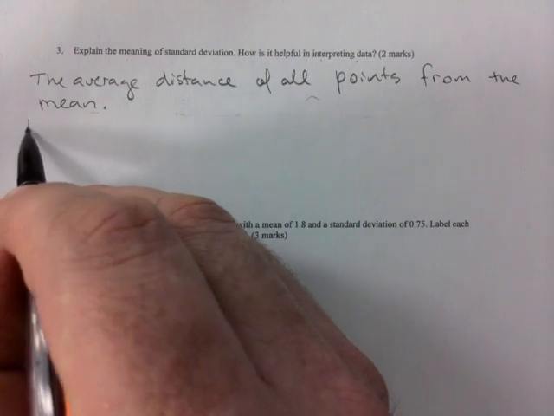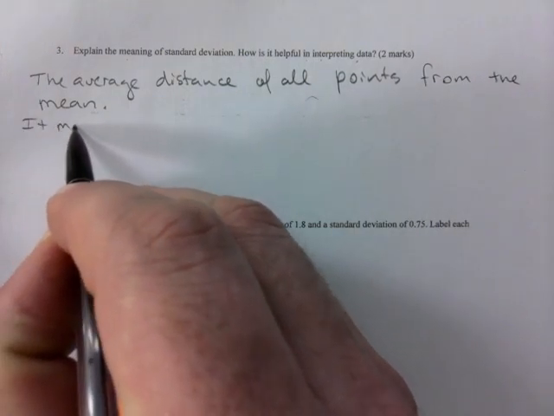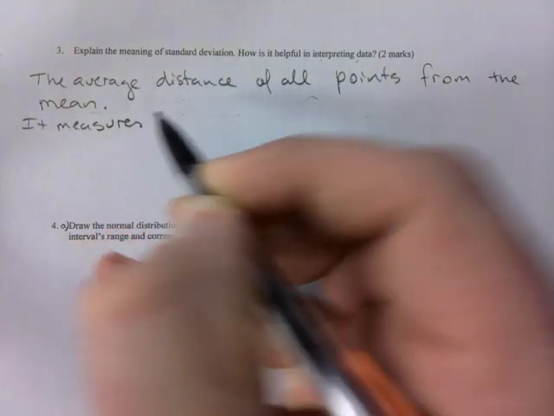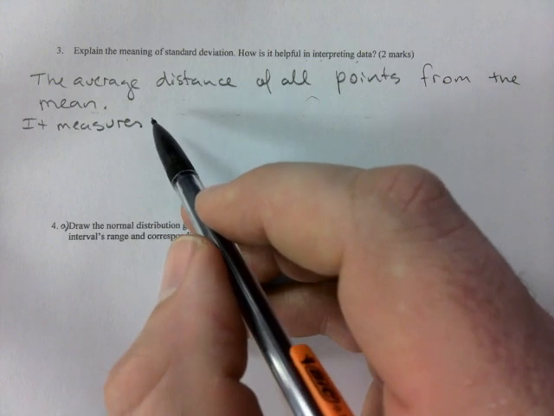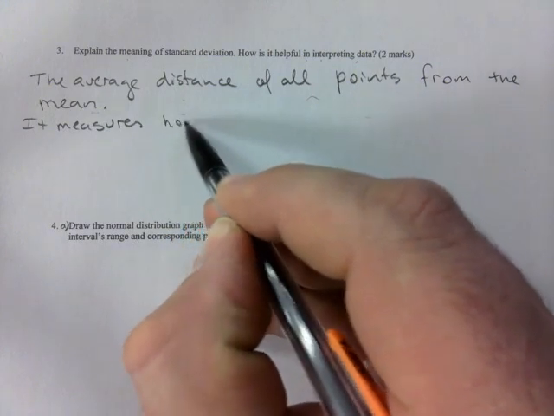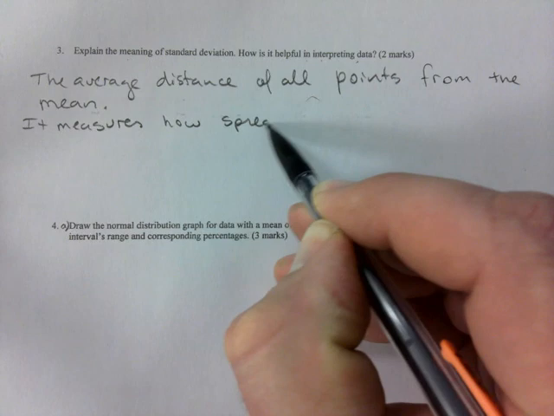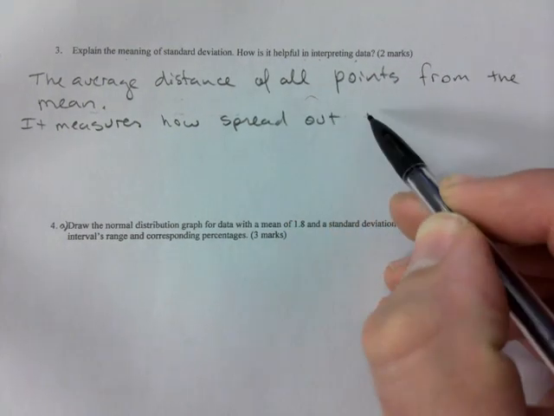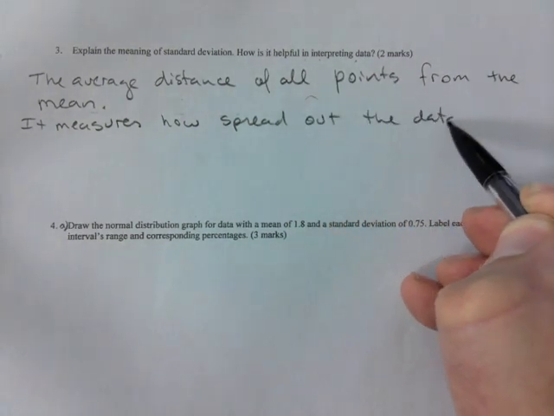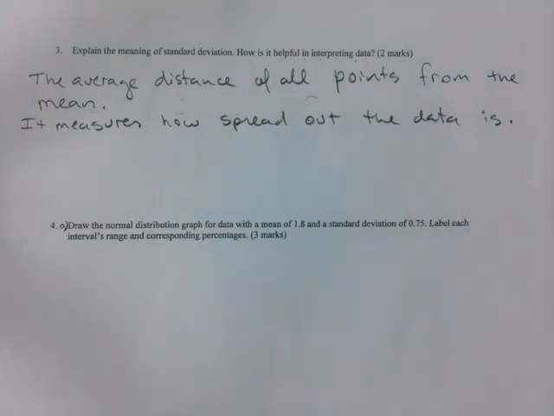You can also say it measures how spread out the data is, how far away from the mean your data is. You can put that down as well. How is it helpful?